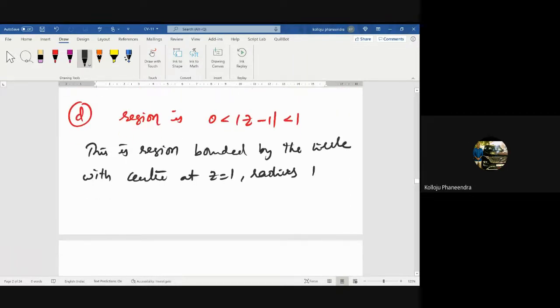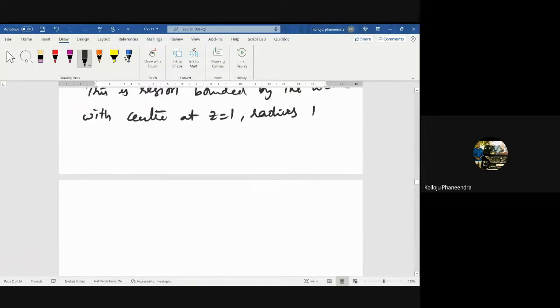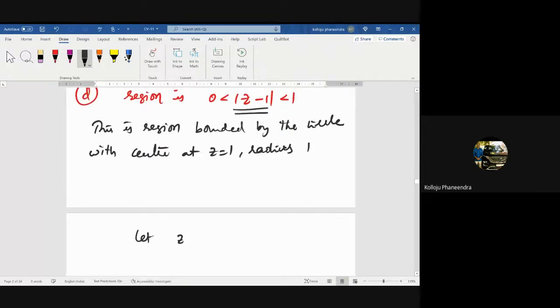But what is the function here? Whenever this type of thing is there, not z but z minus 1, put z minus 1 equal to u. Then z is equal to u plus 1.